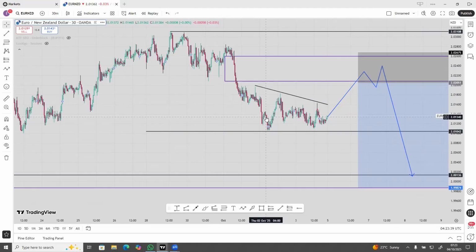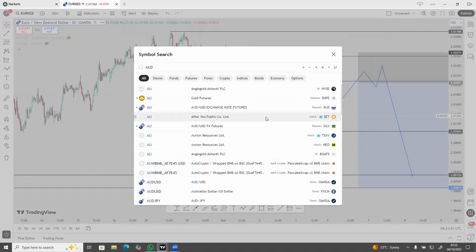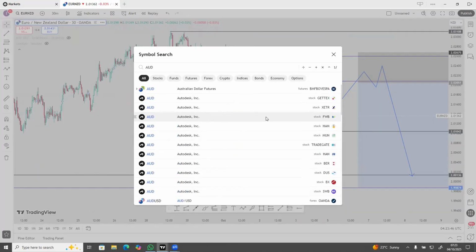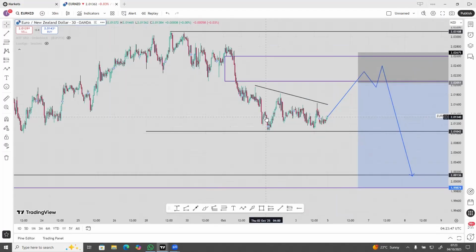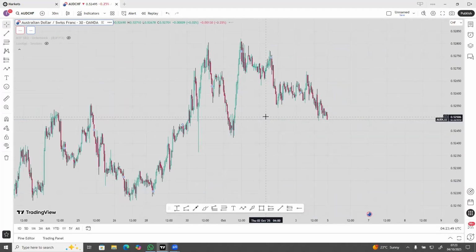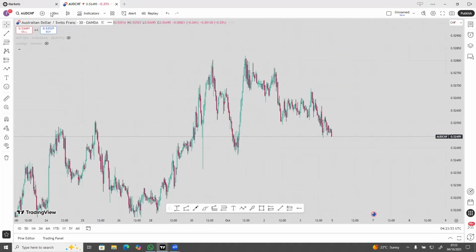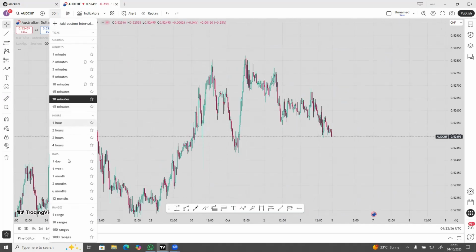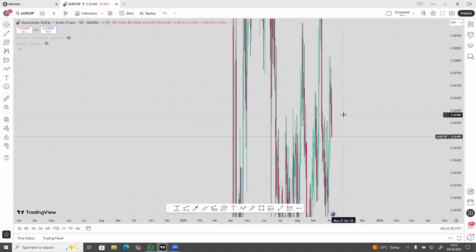Okay, another pair. You can see maybe AUD CHF. Okay, that is AUD CHF daily.